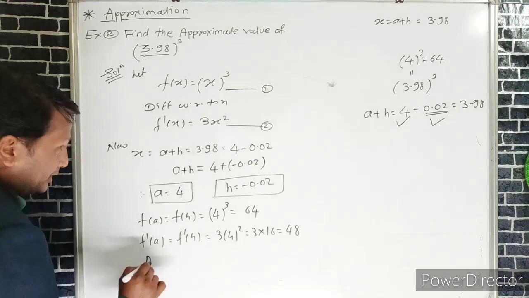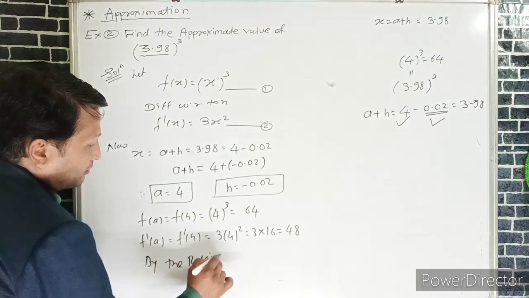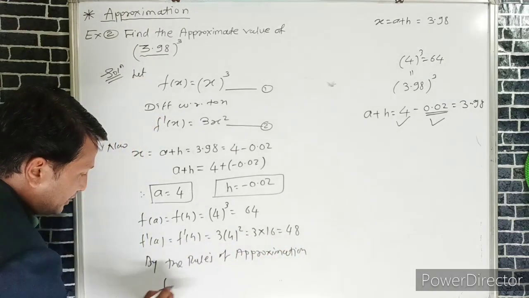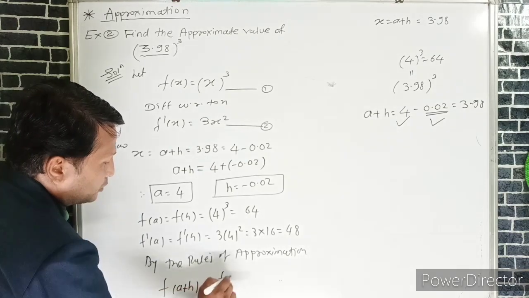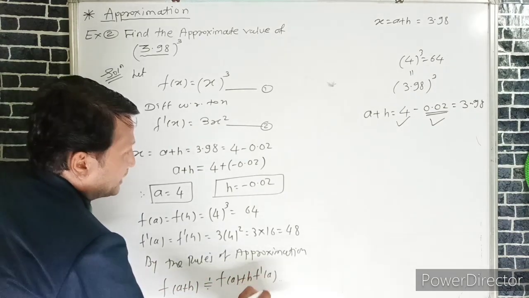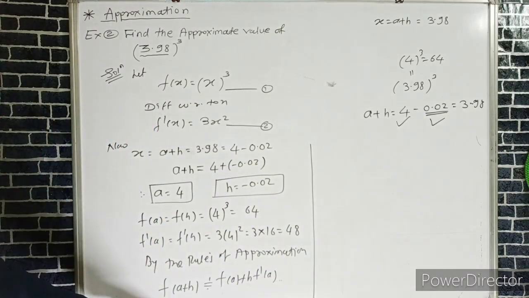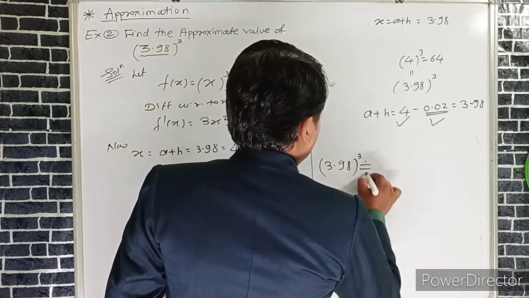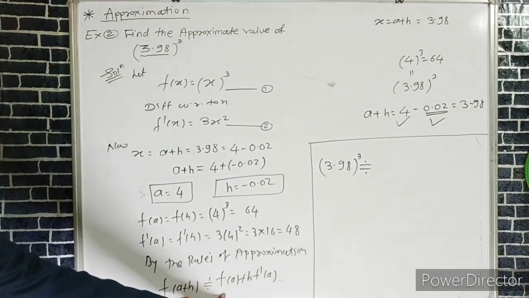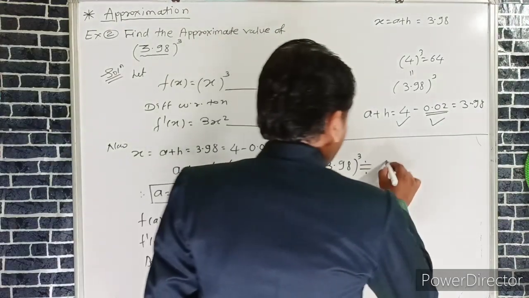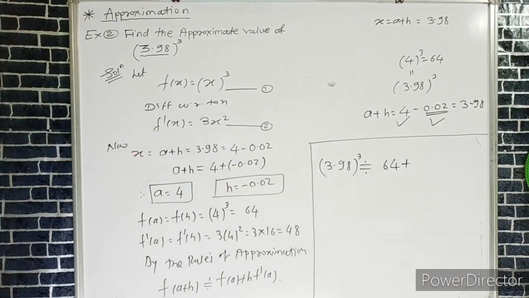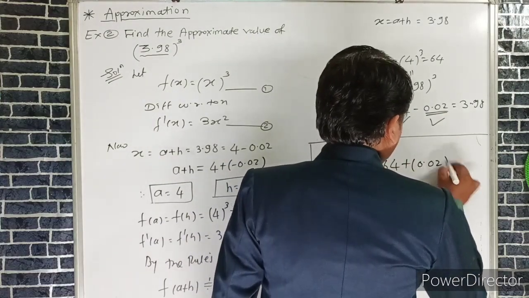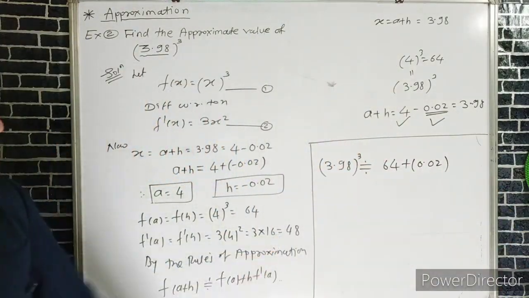So by the rules of approximation, the rule of approximation is f of a plus h is approximate to f of a plus h into f dash of a. The value of f of a plus h, which is 3.98 bracket cube, is approximate to f of a, which is 64, plus the value of h, which is a very small increment, minus 0.02, into f dash of a, meaning 48.